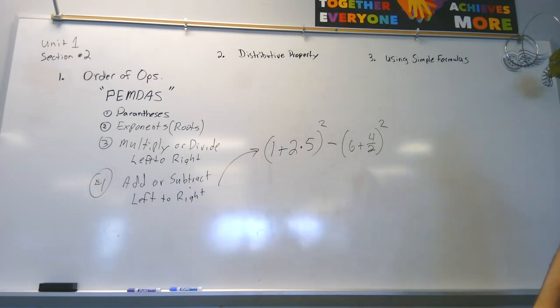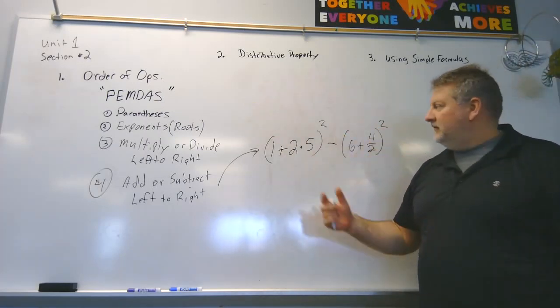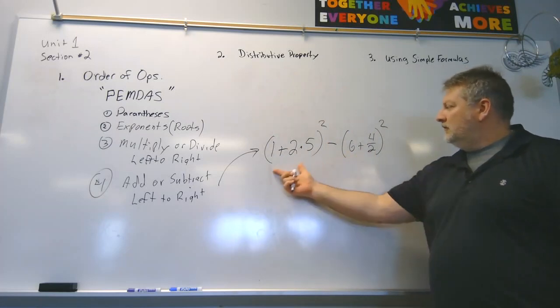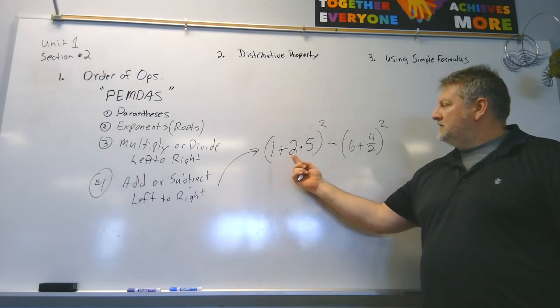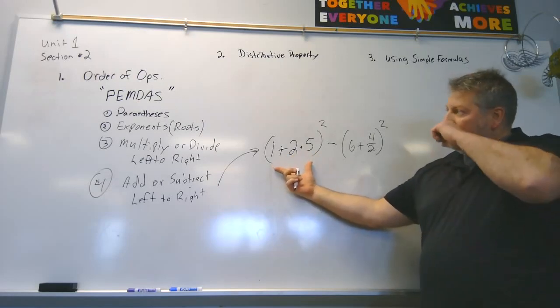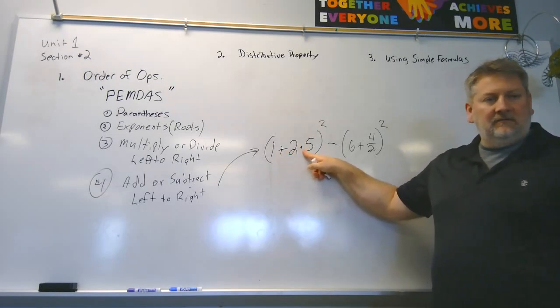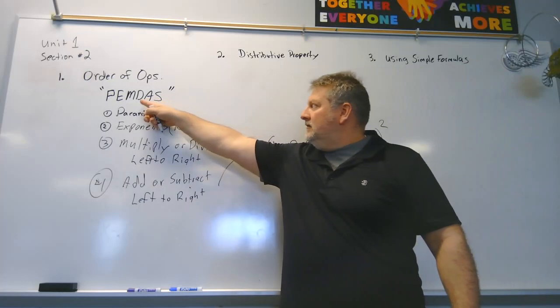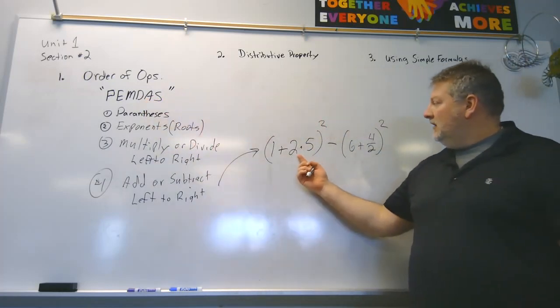Alright, so my first rule that I have to do is P, which is parentheses. I'm going to compute the stuff inside parentheses first. So here I have 1 plus 2 times 5. PEMDAS says to do multiplication and division before I do add and subtract.